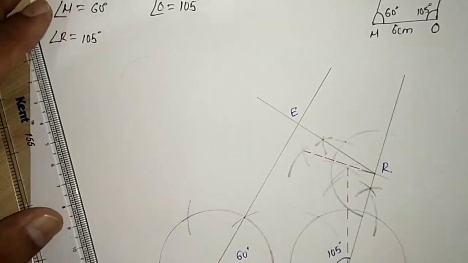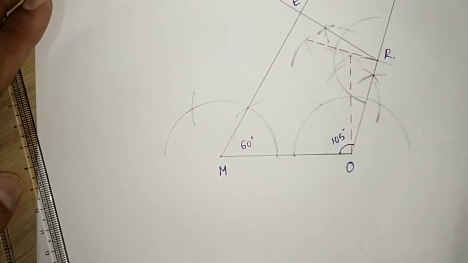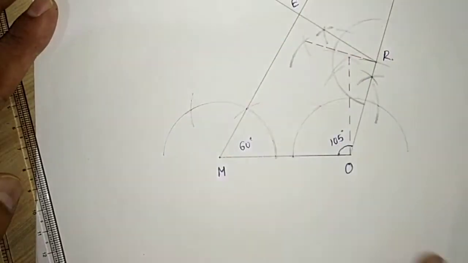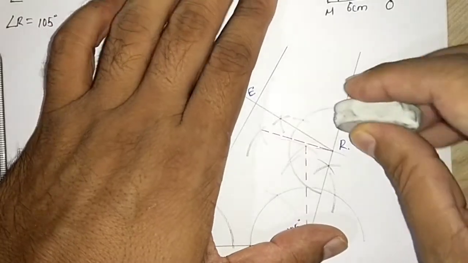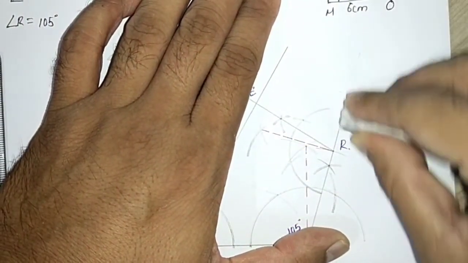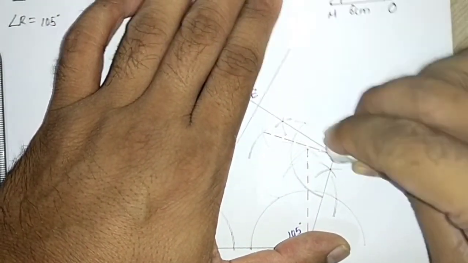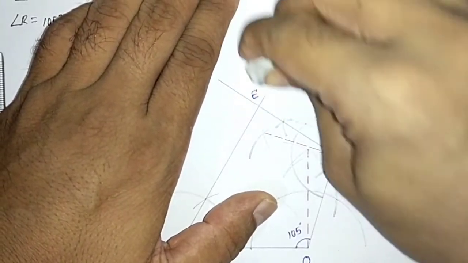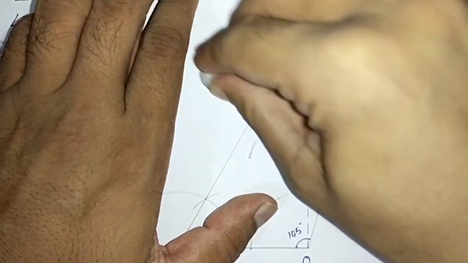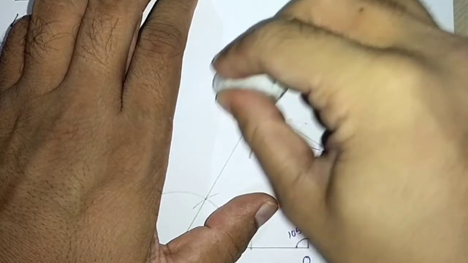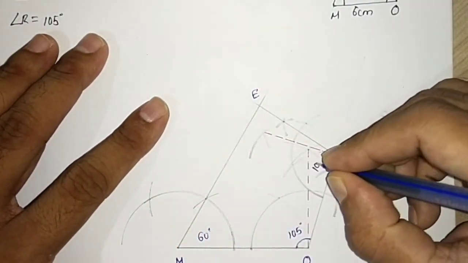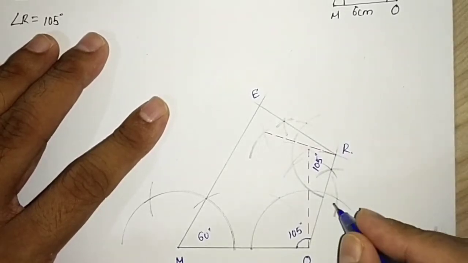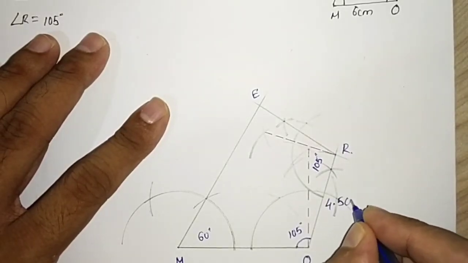So we get our quadrilateral MORE. Remaining lines you can remove with the help of an eraser, so that your figure becomes neat and tidy. And give all the points. This is 105 degree. This is 4.5 centimeter.